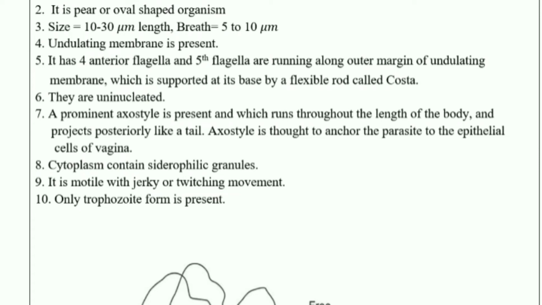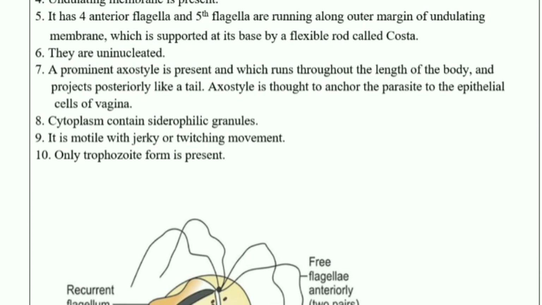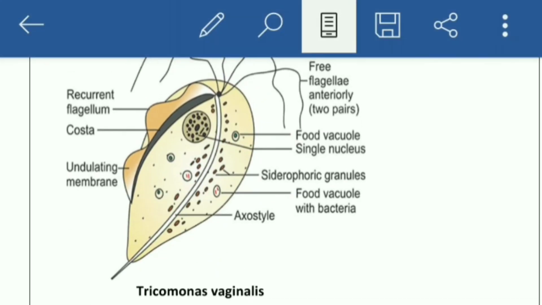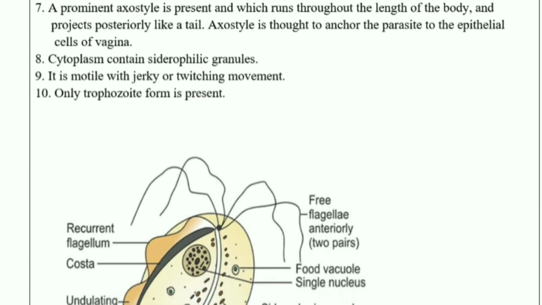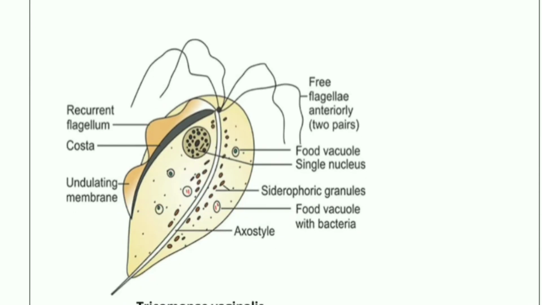It is a protozoan, a single-celled organism. You can see the undulating membrane present here, and as I mentioned before, it has two pairs of anterior flagella, that means four anterior flagella, and a fifth flagellum that runs along the outer margin of the undulating membrane. You can look at the diagram here. The undulating membrane is also supported by a flexible rod structure, that is the costa.